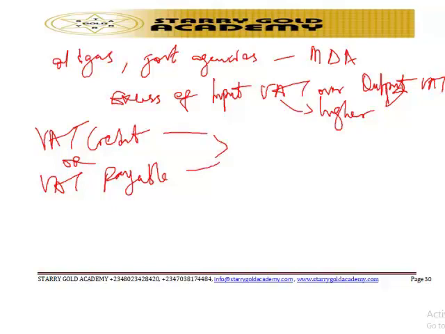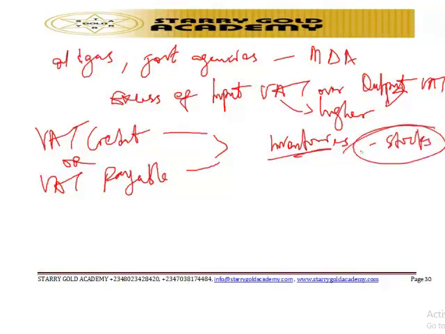Are we together? So nonetheless, if VAT liability computation includes inventory such as stocks of items or stocks of materials, then there will be need to further adjust the input VAT.